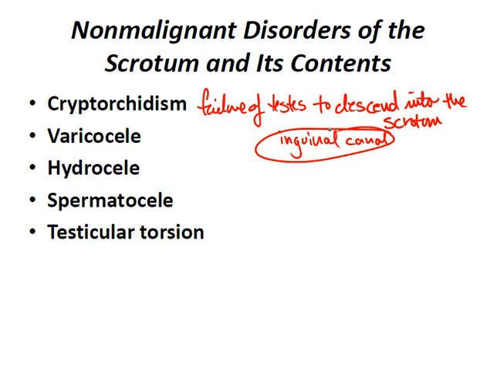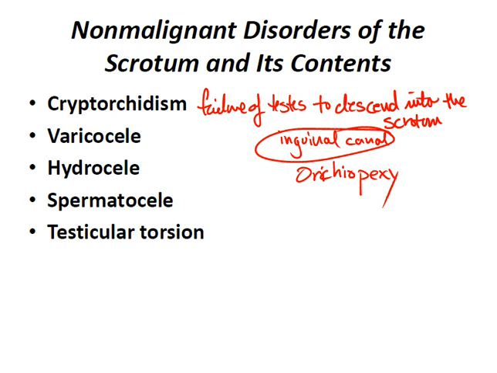Many spontaneously descend by 3 months of age, so increased estrogens and increased HCG can correct the problem. After 3 months, it is unlikely that they will descend. Orchiopexy must be performed between 6 months and 2 years.